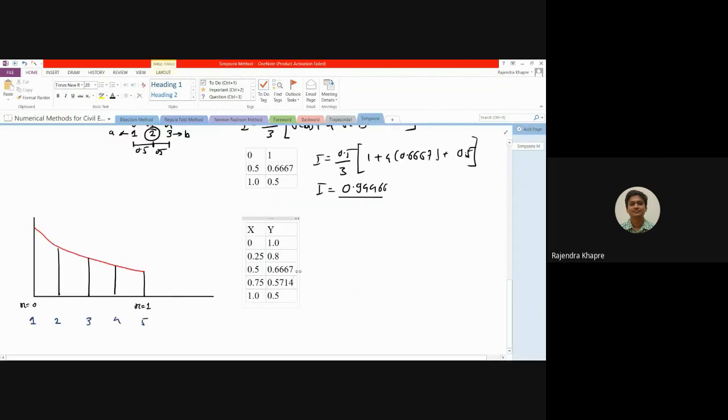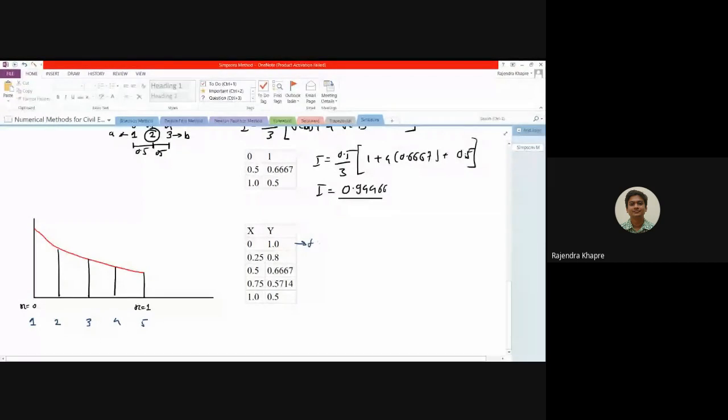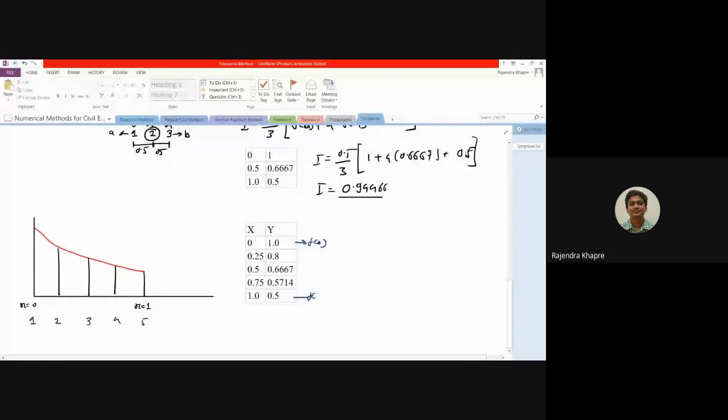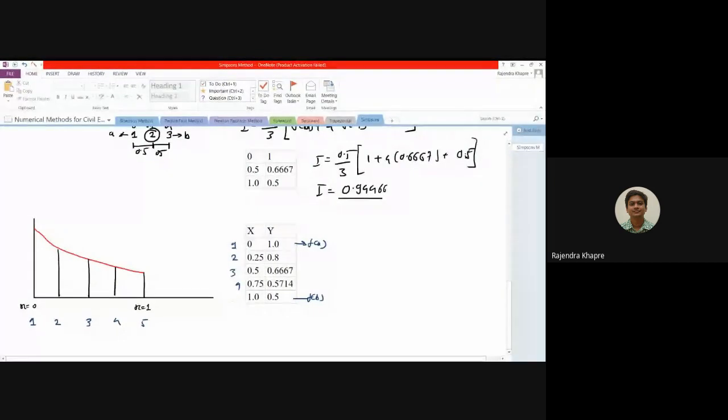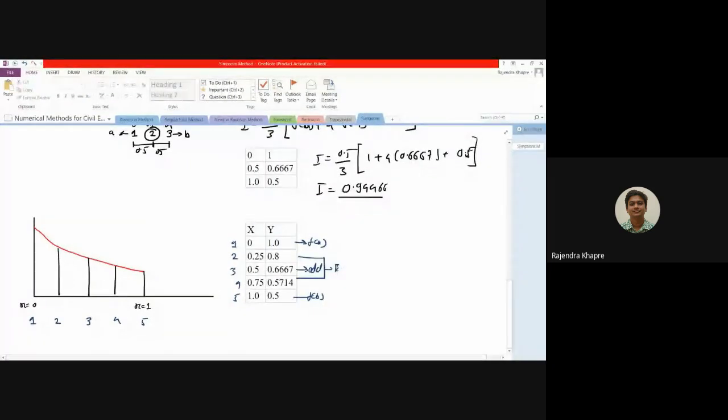But now here you see this value. As far as this value is concerned, this is nothing but f of a, this value is nothing but f of b, whereas for these, this will be your point number 1, point number 2, point number 3, point number 4, point number 5. So this is the only odd term, whereas these two are nothing but even terms.